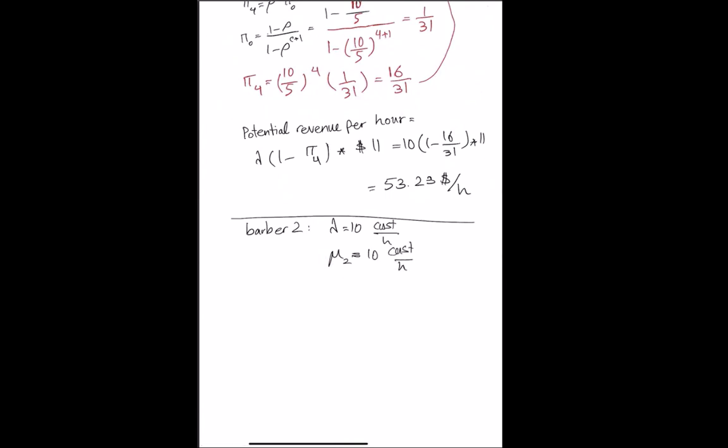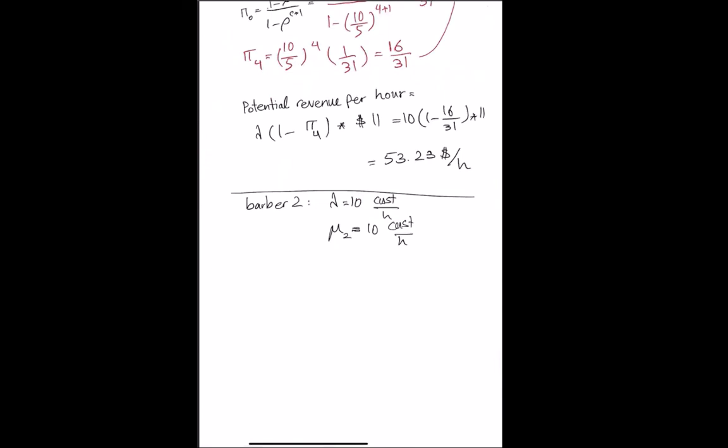So this is that specific scenario where lambda equals mu, and then pi j is going to be 1 over c plus 1, which is 1 over 4 plus 1, that's 1 over 5.